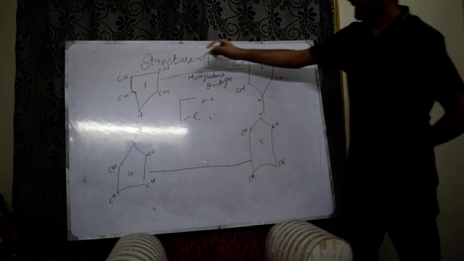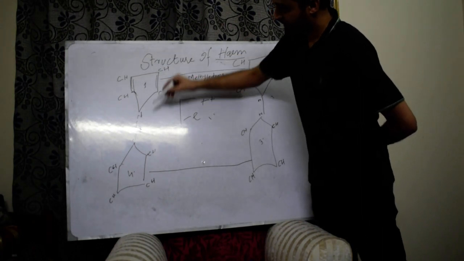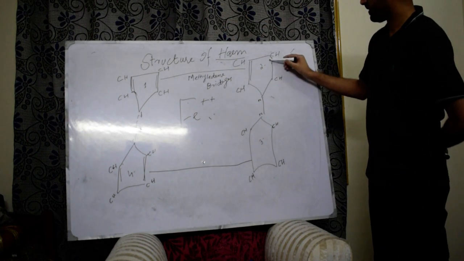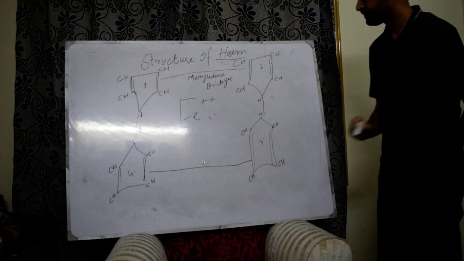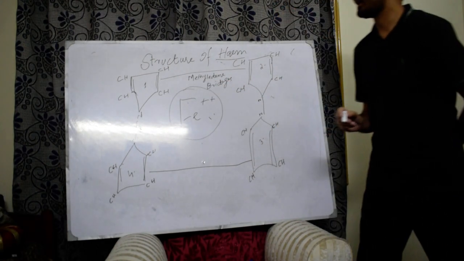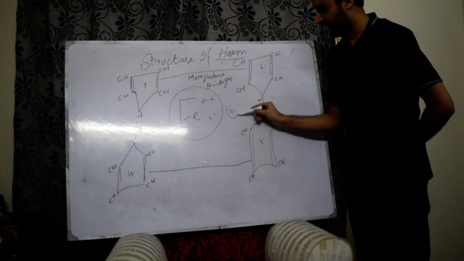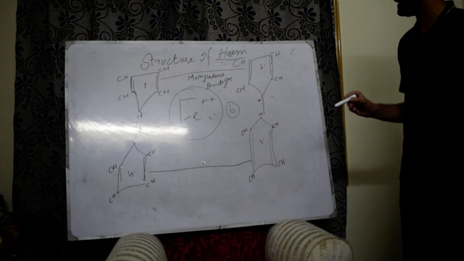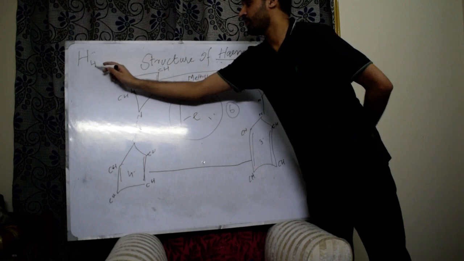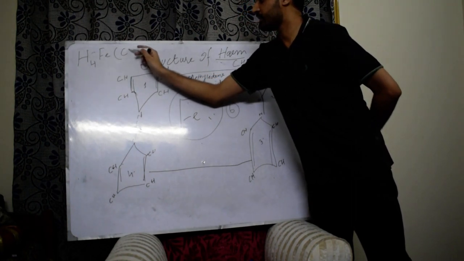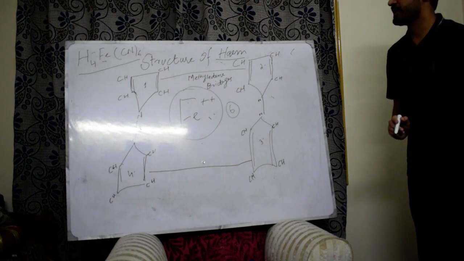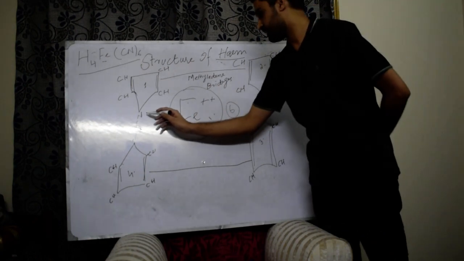Now coming to the bonding, there are double bonds present at each of these positions. This iron, which is in the ferrous state, is likely to attach with 6 other atoms, so its coordination number is 6. How does it complete its valency here?